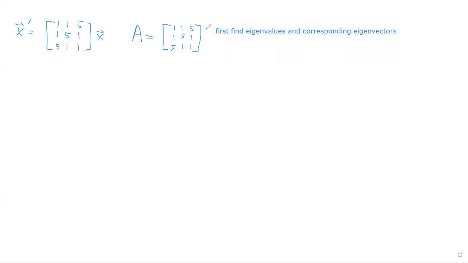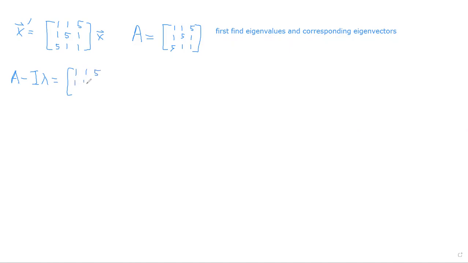So A is equal to this. We need to say A minus I lambda, so it's like lambda times the identity matrix. Okay, so I'm going to do it a bit slower because I want you guys to see the full effect.